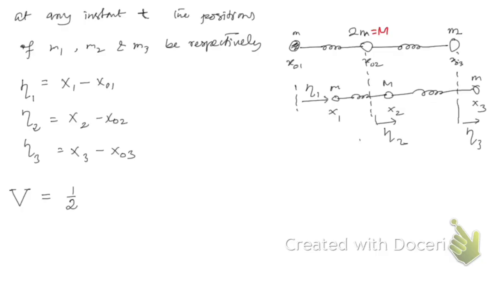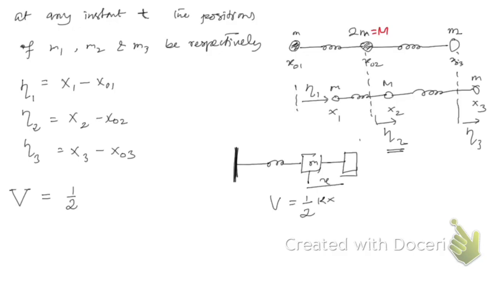If the displacement of this is eta 2, here we are actually applying Hooke's law. That is, suppose you have a spring, on this side it is rigid, and you have a mass m, and if the spring is pulled and displaced through a displacement x, then the potential energy is given by half kx square, right?